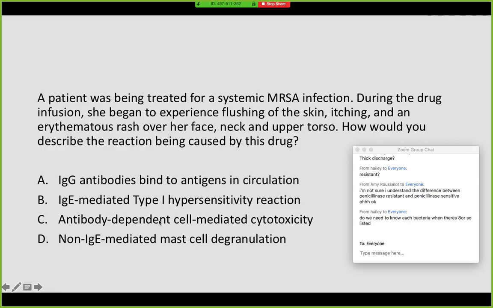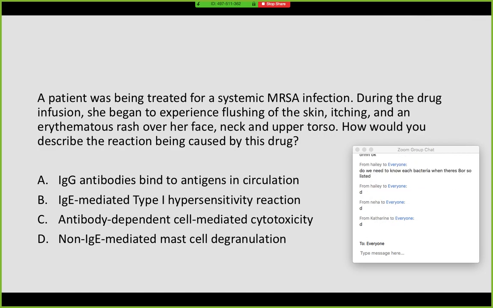Okay. So, practice questions. A patient was being treated for systemic MRSA infection. During the drug infusion, she began to experience flushing of the skin, itching, and an erythematous rash over face, neck, and upper torso. How would you describe the reaction being caused by this drug? Right, so you guys are correct.